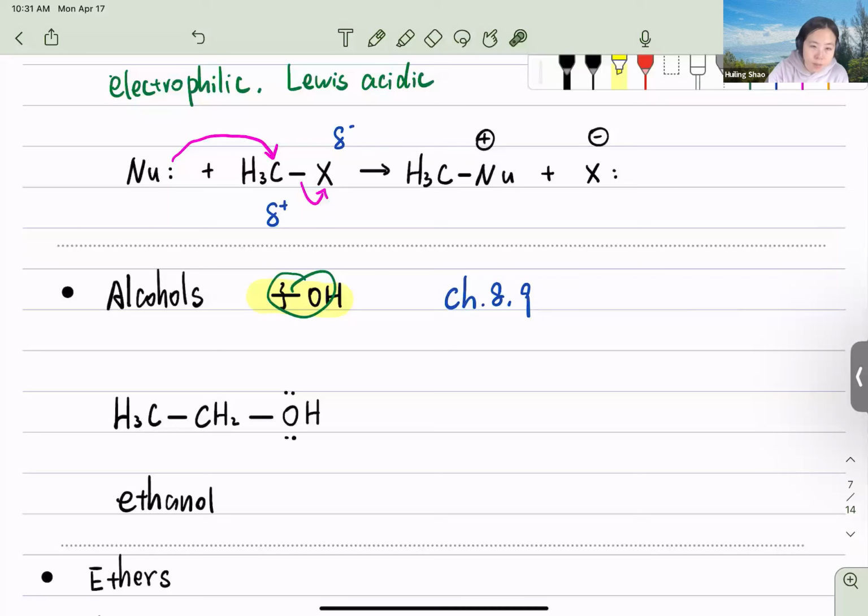Remember, we were talking about the idea of an electrophile being an electron pair acceptor, and a nucleophile being an electron pair donor. In this case, on the alcohol, my oxygen has lone pairs that can potentially act as a nucleophile.